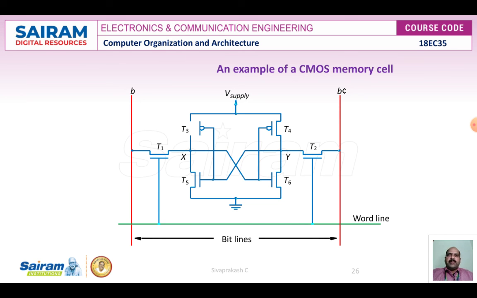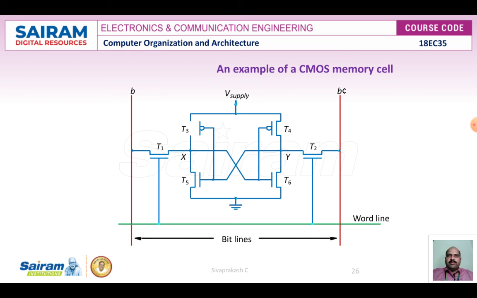A major advantage of CMOS SRAM is its very low power consumption, because current flows in the cell only when the cell is being accessed. Otherwise, transistors T1 and T2 and one transistor in each inverter, either T3 or T6, or T5 or T4, are turned off. This ensures that there is no active path between V supply and ground, so the static random access memory can be accessed very quickly.